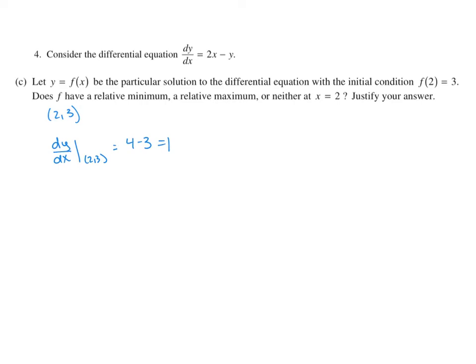To have a min or a max, the derivative must be 0. But since the derivative at this point (2, 3) is 1, the curve doesn't have a min or a max.